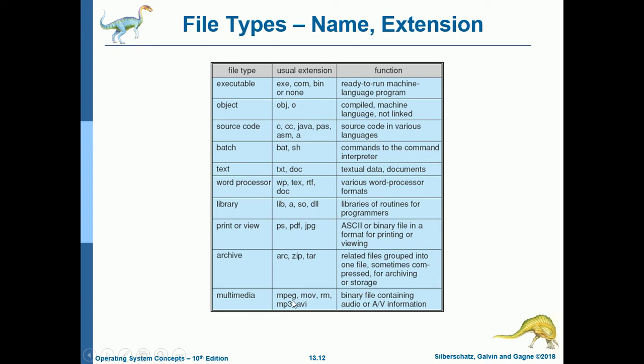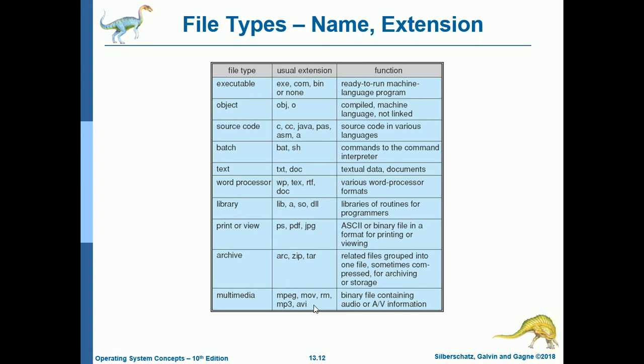And then for multimedia, we have .mpeg, .mov for movie, and .rm. RM is for real media files. And then, specifically for music, this is .mp3 and then .avi. These are binary files containing audio or audiovisual information. But again, this is not limited to these, because we know other file types such as .mkv or .ogg, and we have .mpg.